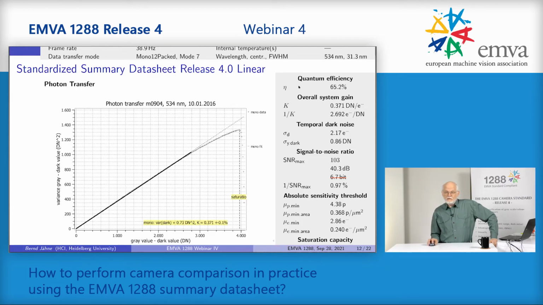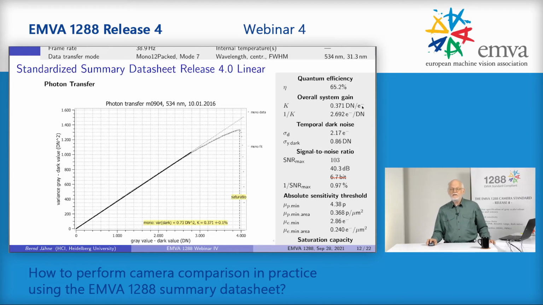Well, we no longer know two of the three basic parameters, the quantum efficiency and the overall system gain, because that is for a linear model here. We still know, of course, the temporal dark noise. The next problem is, since we have no gain of the camera, we cannot express anything in electrons anymore.